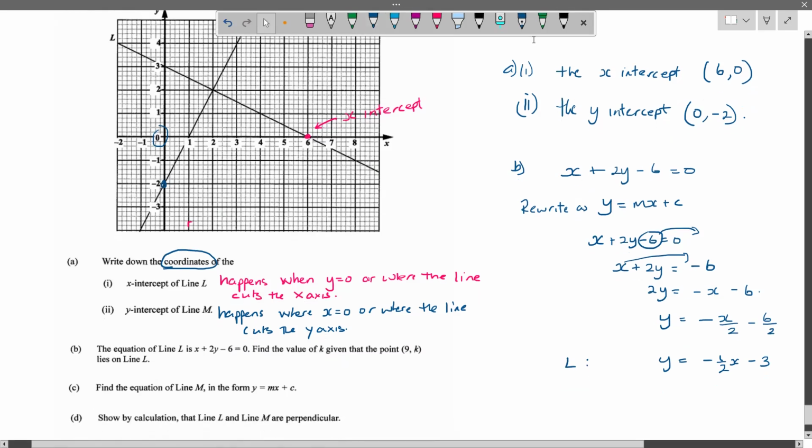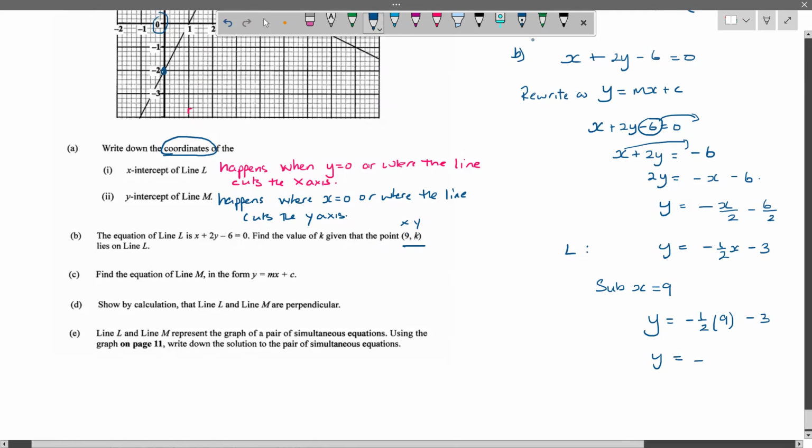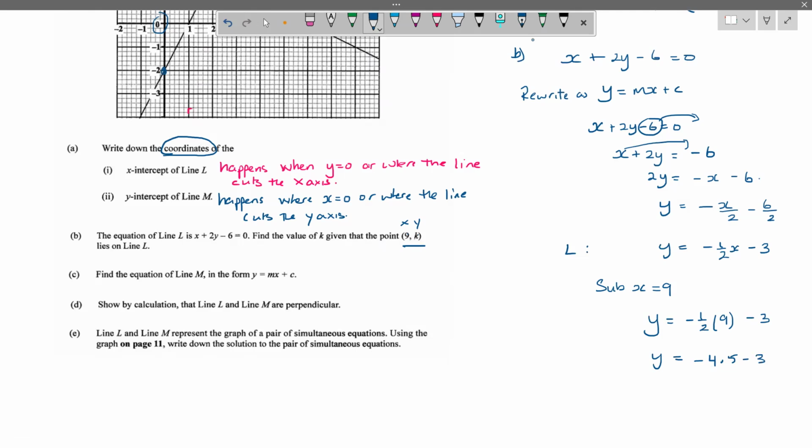Now, we are given a point, 9k. If you want to find the missing value, which is k, remember this is our x value and this is our y value. We could substitute the 9 into this equation to find out what y is. So if I put 9 in here, negative half of 9 will give us negative 4.5, minus 3.